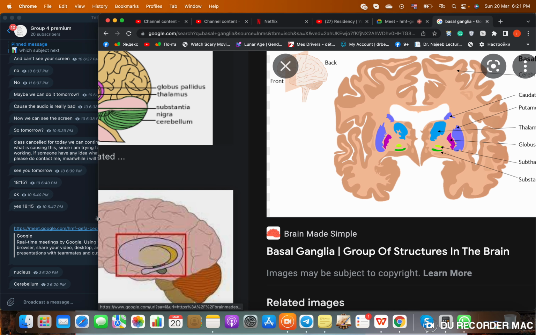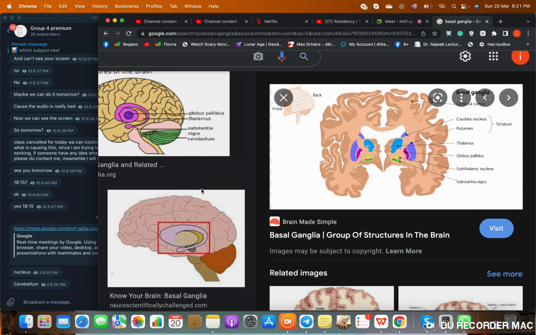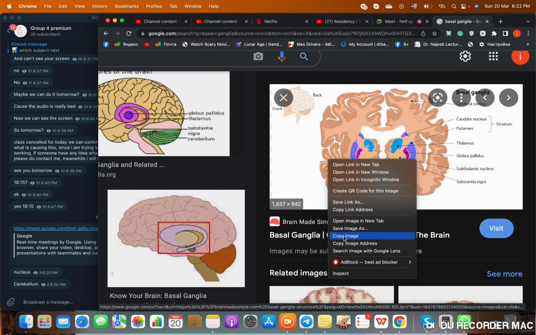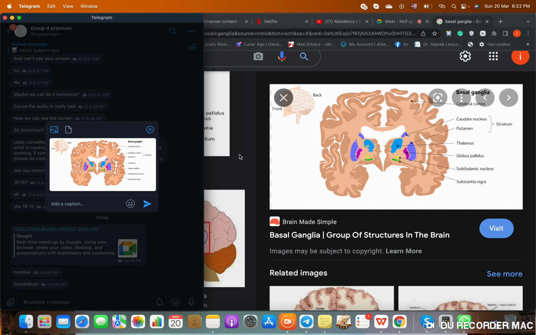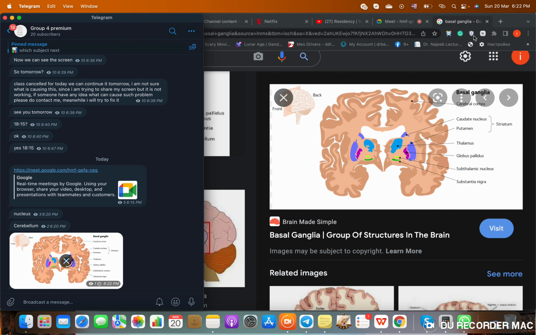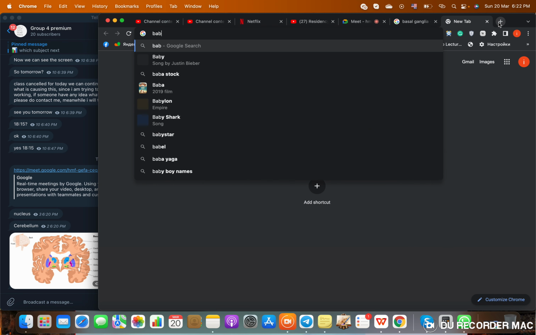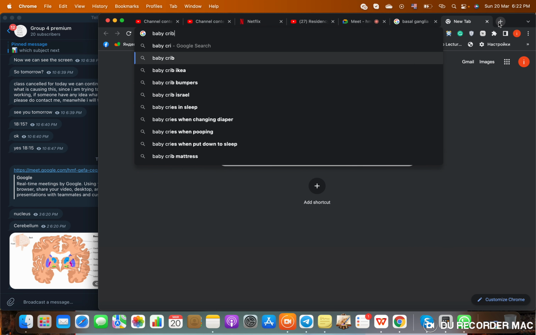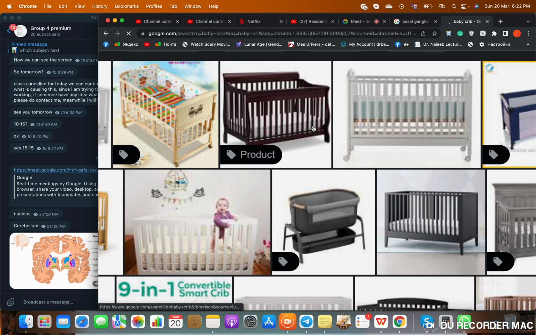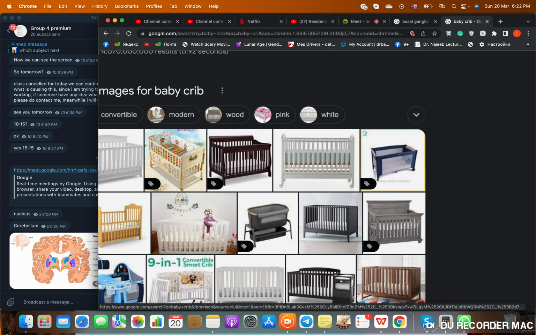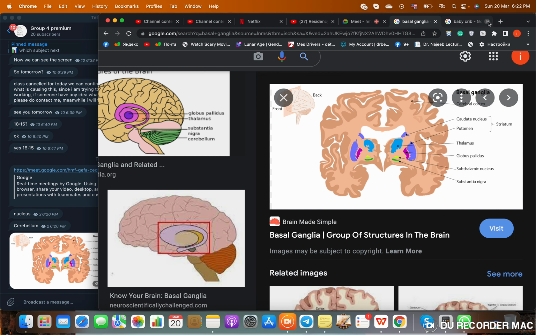I mean not the organ, I mean the Latin word thalamus, what does it mean? It is this thing. It's like the one for the baby crib. So that's the meaning of the word thalamus.